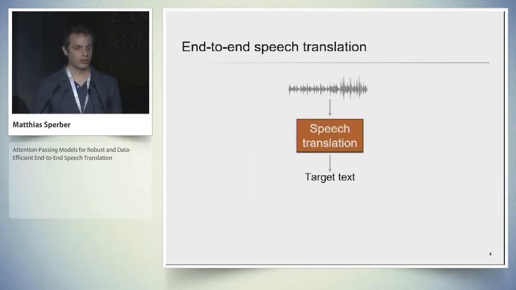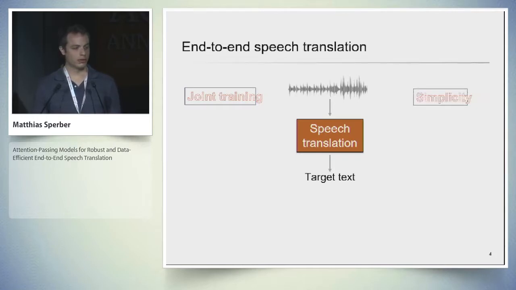So recently researchers have started investigating end-to-end modeling as an alternative, where the idea is to have a single model that does a complete step from source speech to target text. And there's a lot of appealing points to that. One is that we can jointly train all of our involved parameters.